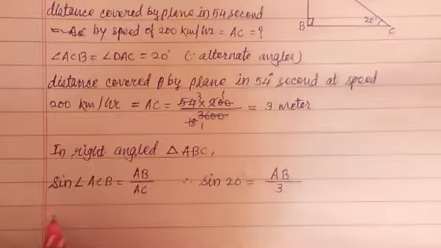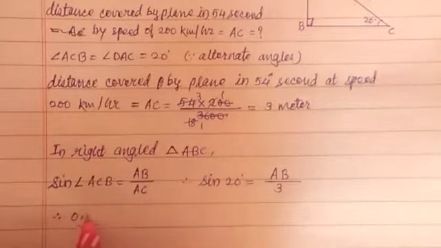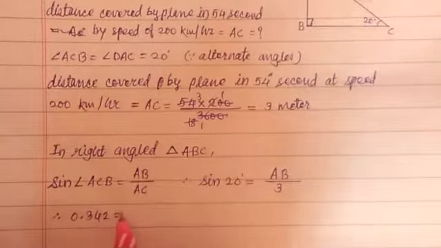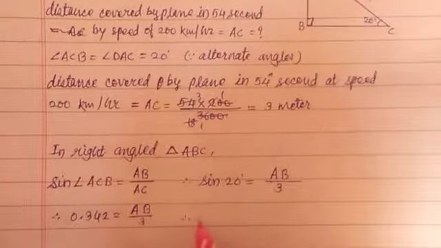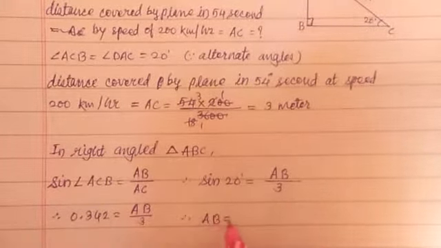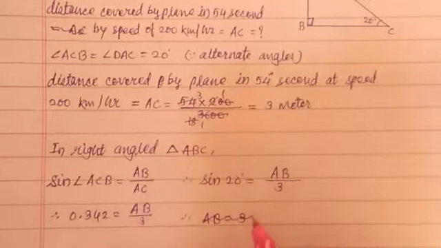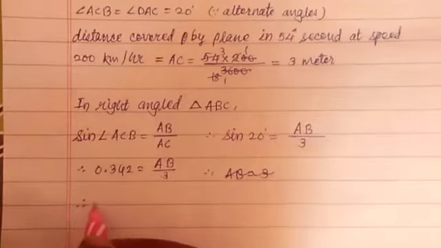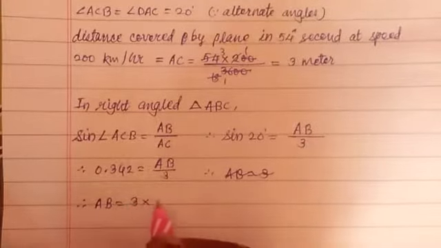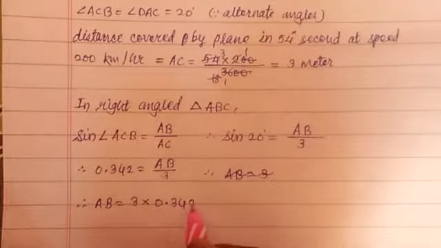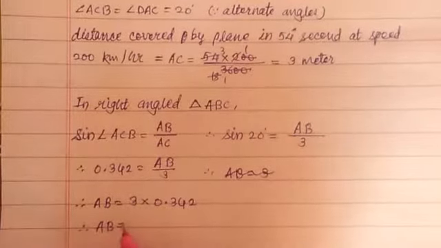Now putting values again, sin 20 is 0.342 is equal to AB upon 3, and hence AB is equal to 3 into 0.342.